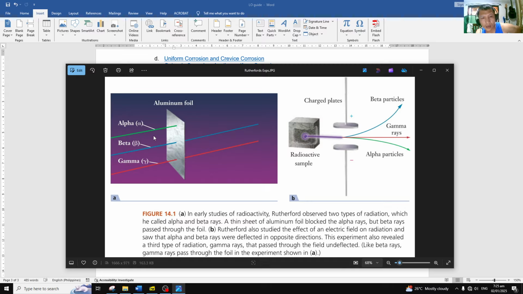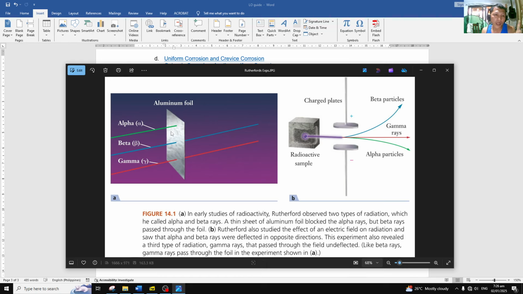These are rays, just like a laser, concentrated, just like how atoms were discovered. You usually have a metal that is very thin, just a few atoms thick, and then rays are passed through it.